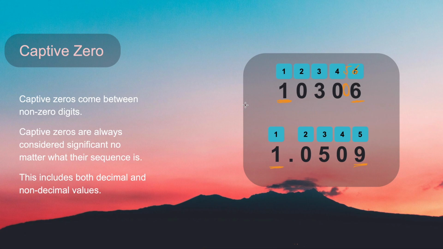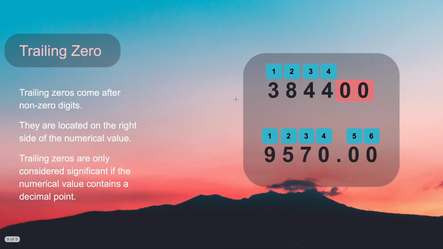And then going on with the last one, the trailing zero. In the previous slides I said trailing zero, right? These trailing zeros are located at the right, and as said here, they come after non-zero digits on the right side of the numerical value. And there's a catch for the trailing zeros.